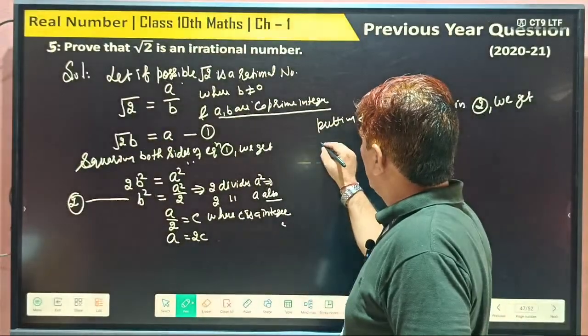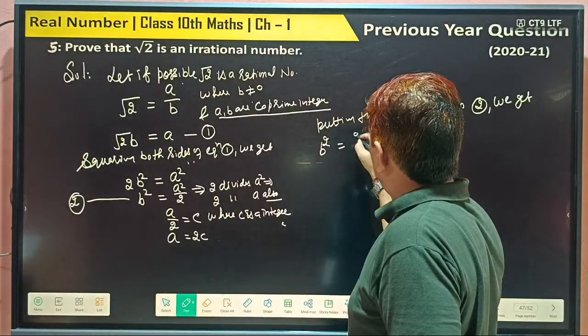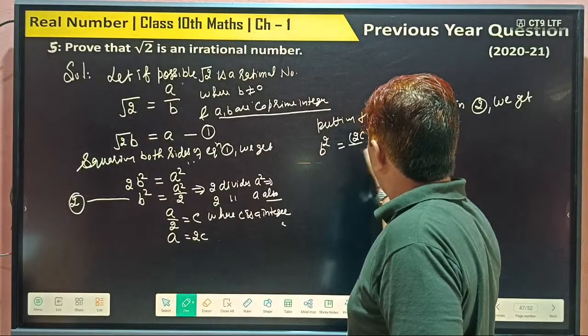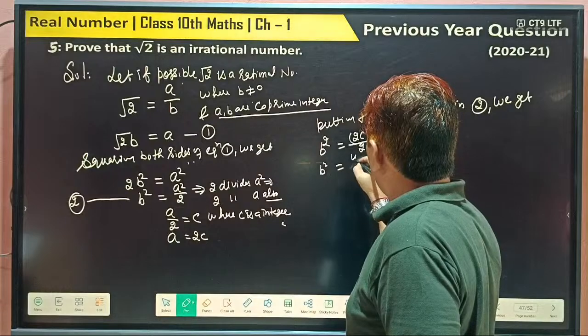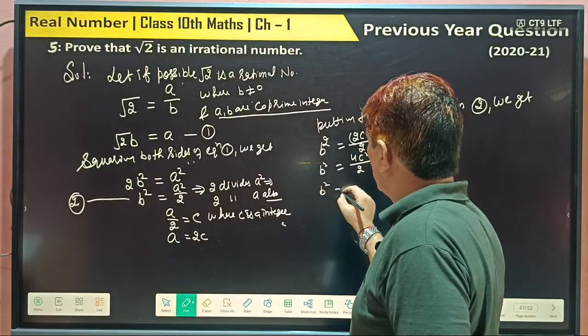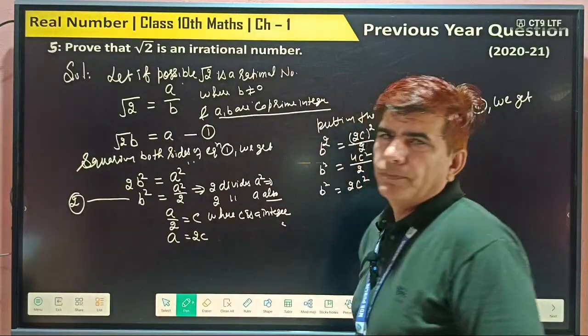So B square equal to 2C whole square by 2. So B square is equal to 4C square by 2. So it means B square equal to 2C square.